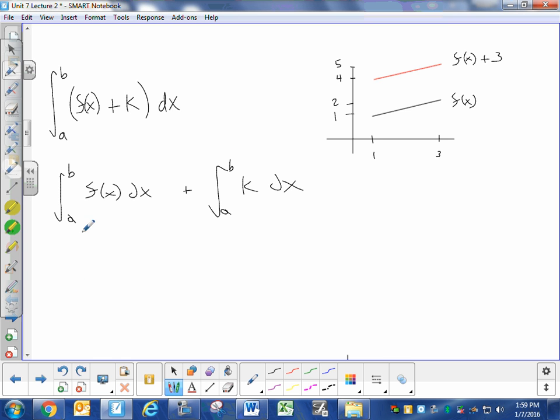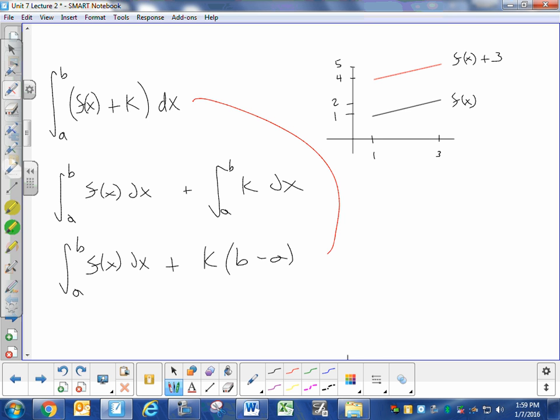You can find this, and we know what this will equal. In the future, what you could do is just go straight from here to there and just say it's the area under f plus this height times this distance.